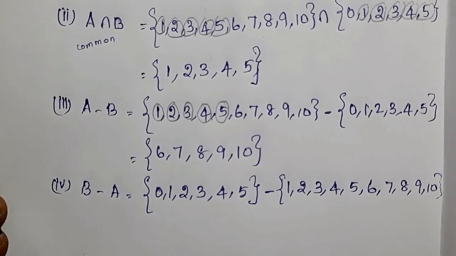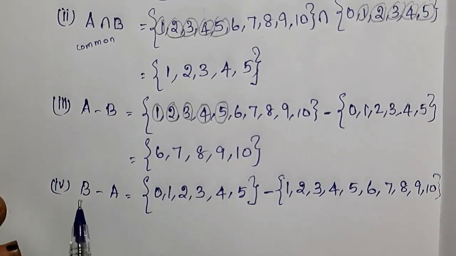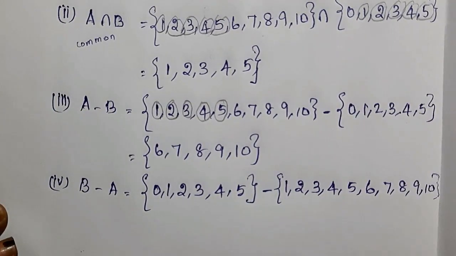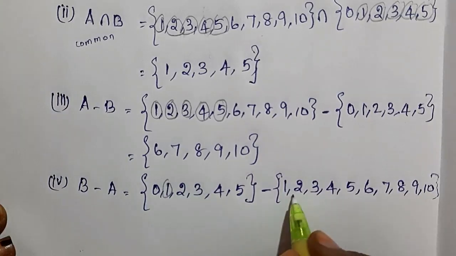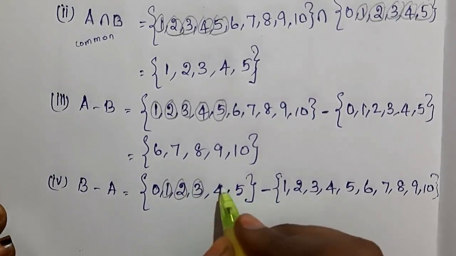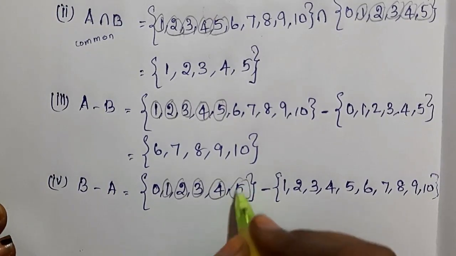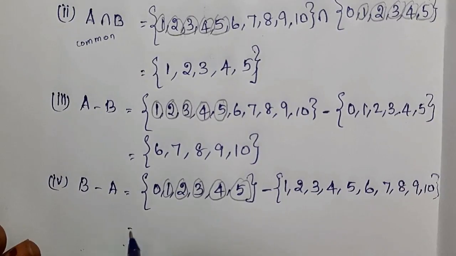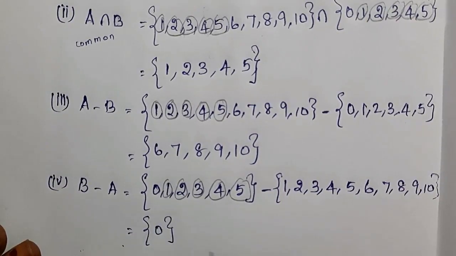Okay. It is the B set. So from the B set just remove the A elements. So find the A elements. See, 1 is an A element, 2 is an A element, 3 is an A element, 4 is an A element, 5 is an A element. So remaining only 0 is here. So our answer is the singleton set {0}.